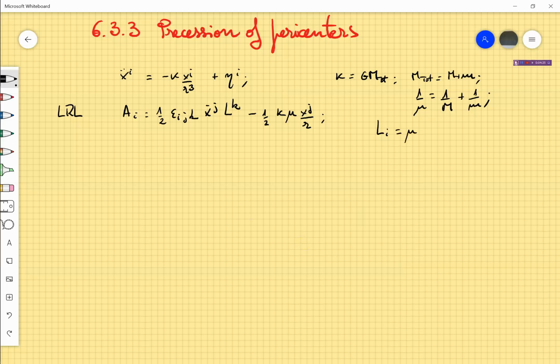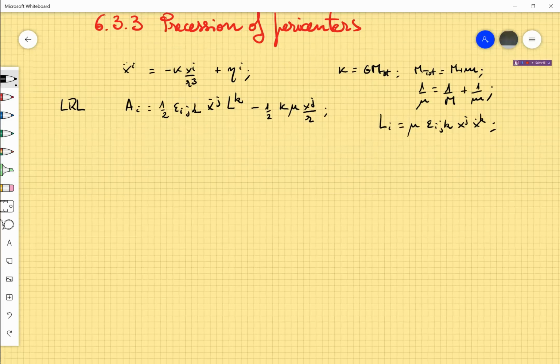It is the angular momentum of this effective particle, and as you know, it is the vector product of the position vector and the velocity vector, and in components is just this.